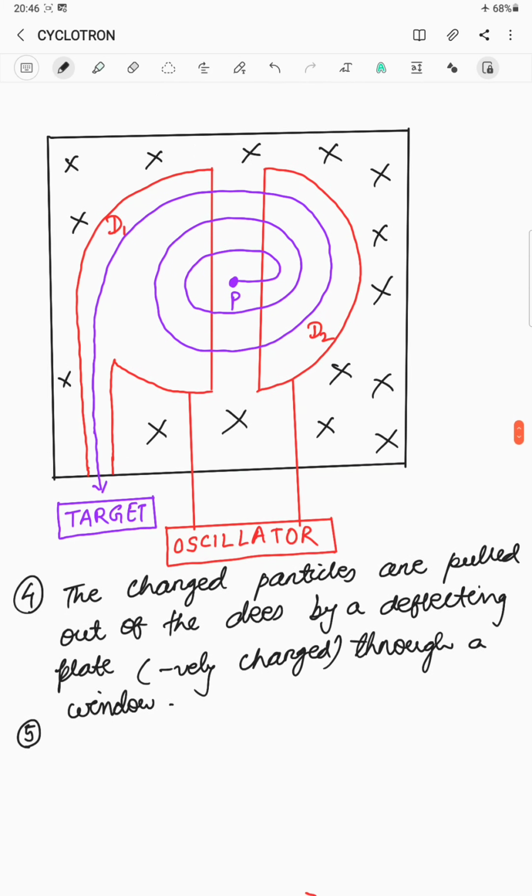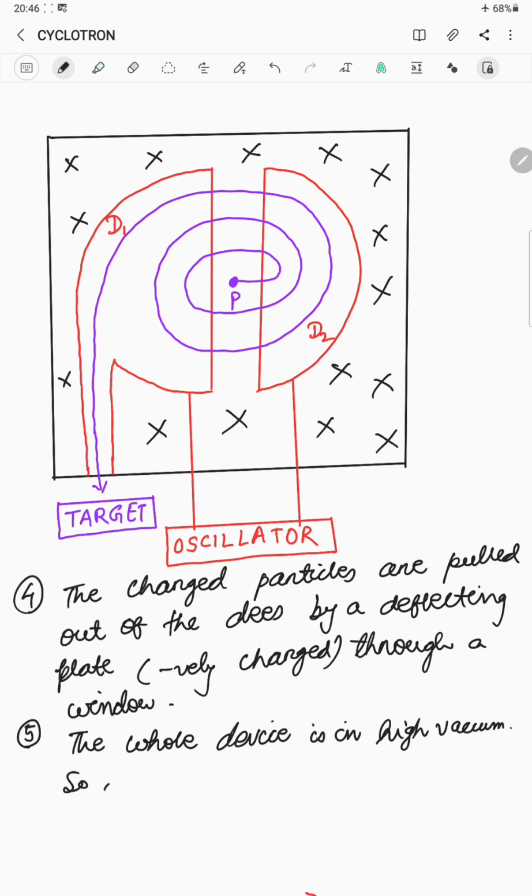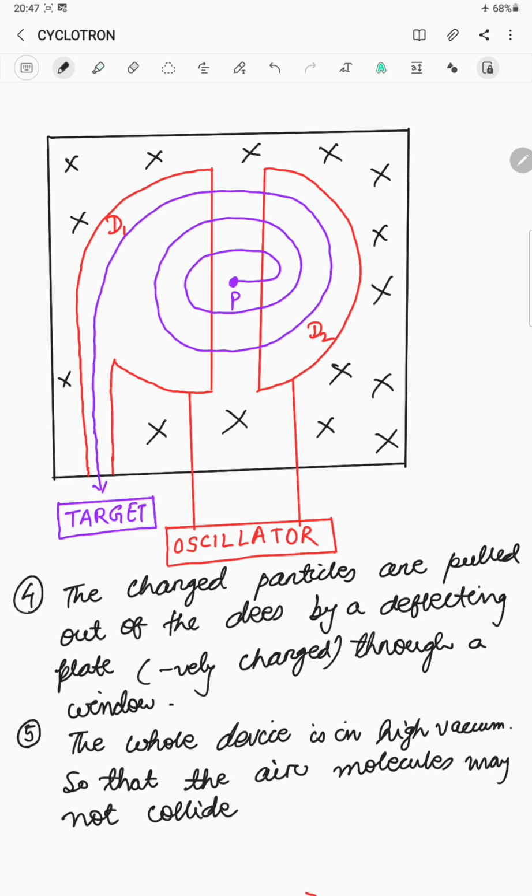This can be the fifth point, that the whole device is in high vacuum so that the air molecules may not collide with the charged particle.